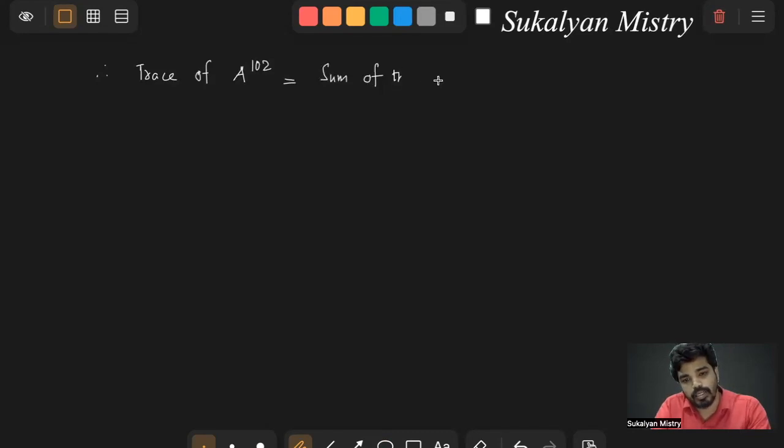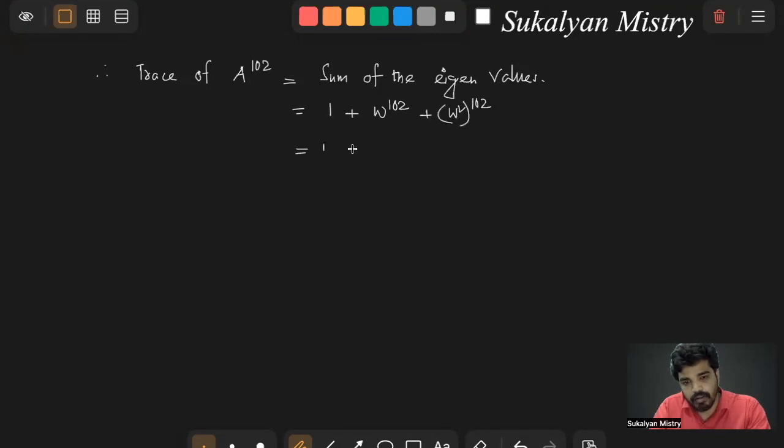So we have to find the trace of A to the power 102. So trace means sum of the eigenvalues, right? So we get the eigenvalues are 1, omega to the power 102 and omega square to the power 102. Okay.